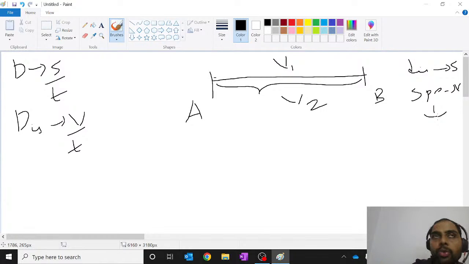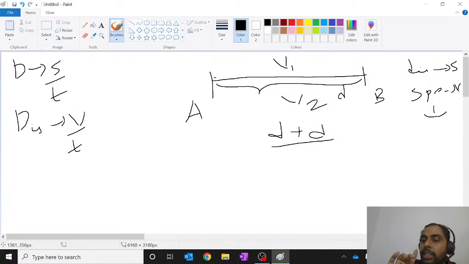Now, total distance traveled is what? If I'm assuming my distance from A to B is d, all I'm supposed to find out is the total distance, correct? From A to B it is d, again B to A it is d. Now, what is my total time taken? What is it that I know?